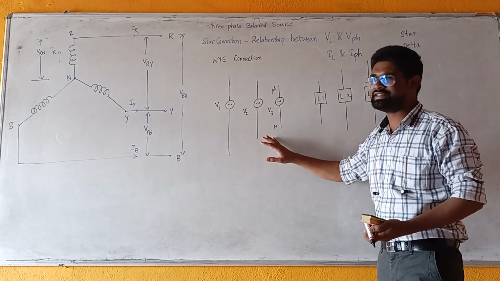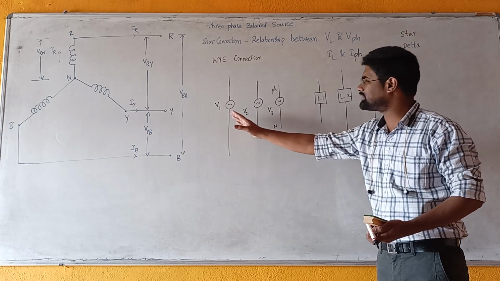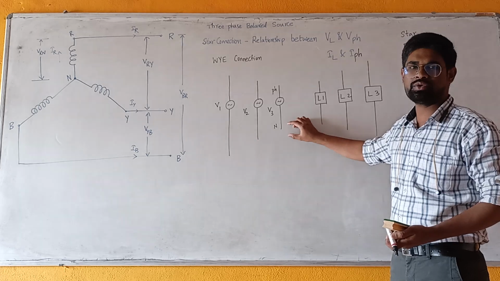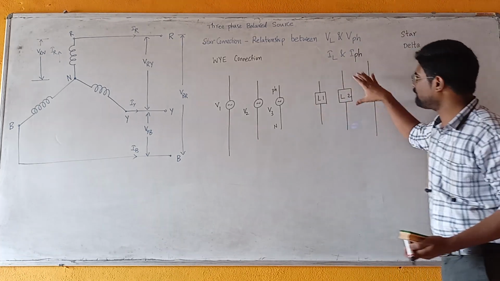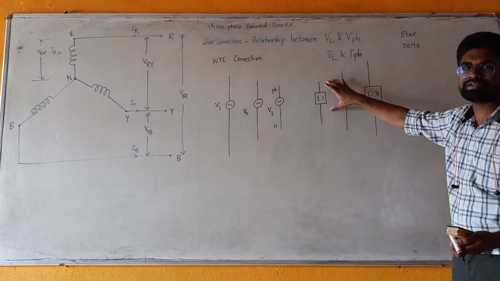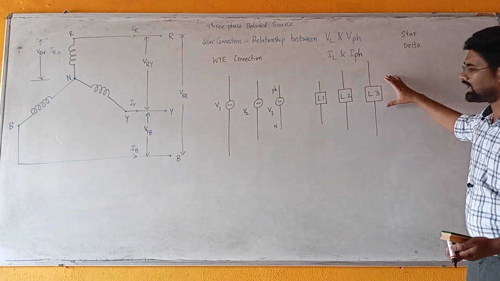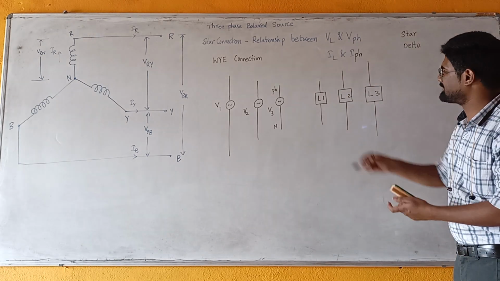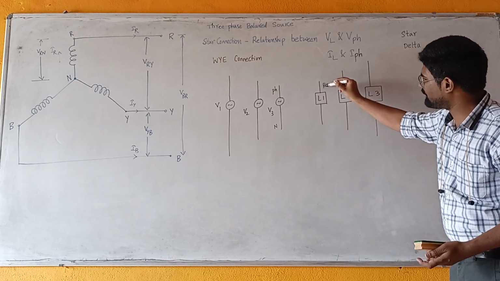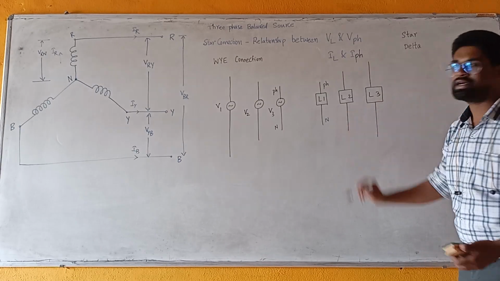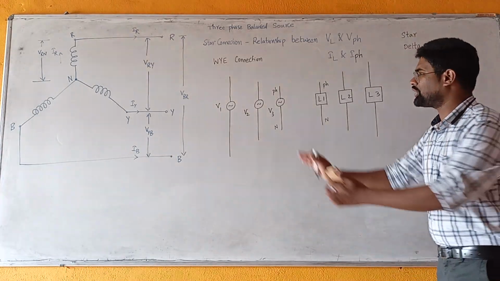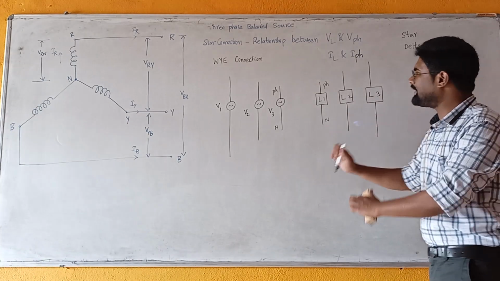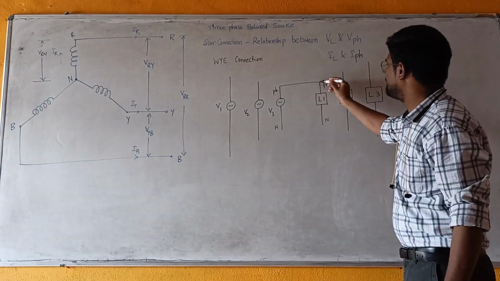But in general, if you consider a three-phase source, it means three single sources and each source has a phase terminal and a neutral terminal. Similarly, a three-phase load means three single loads L1, L2 and L3. And again, each load has two terminals: one is the phase terminal and the other one is the neutral terminal. Now, to connect a three-phase source to a three-phase load, we require a number of wires.